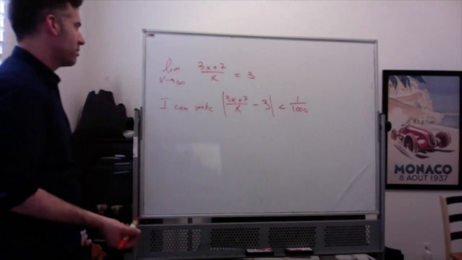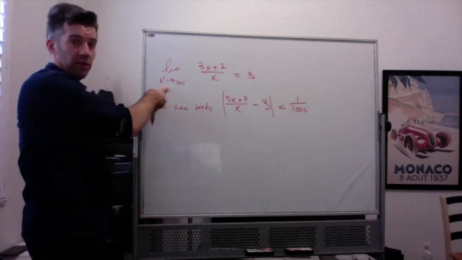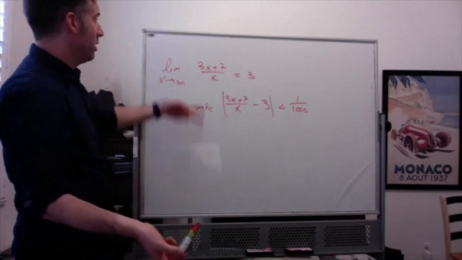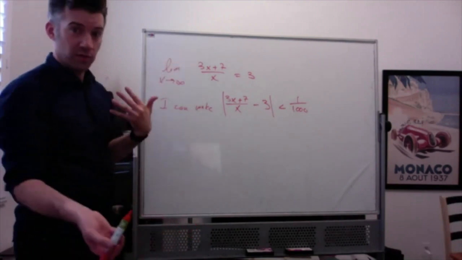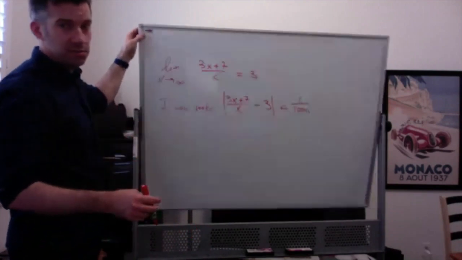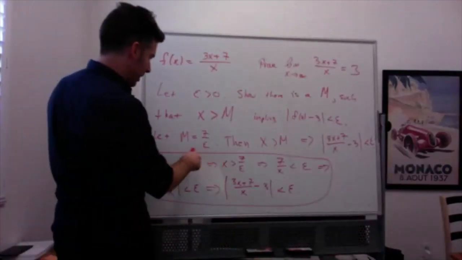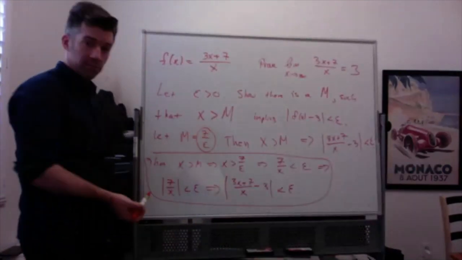How do I do that? By making x large enough, right? Because as x gets larger and larger, this fraction gets closer and closer to 3. How big do I make x? I make x bigger than 7 over epsilon.